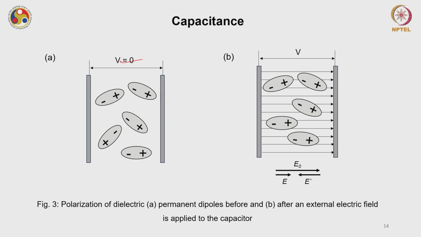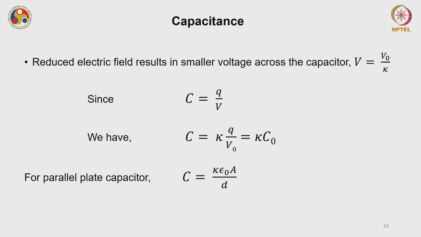Then when you apply a potential V and you have established field lines, ideally they should align, but there are different tilts that you can see because of thermal agitation. These dipoles will also have some associated electric field which will try to oppose the originally existing electric field lines. This reduced electric field results in a smaller voltage across the capacitor.